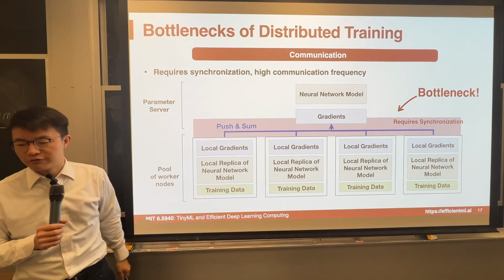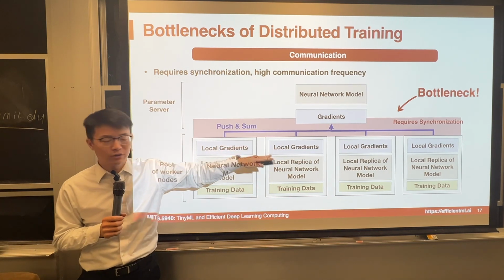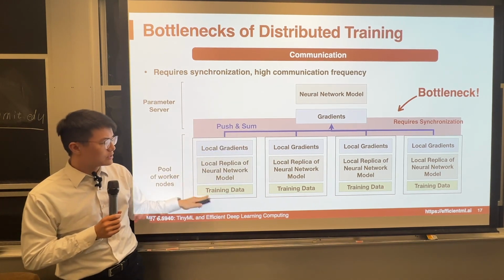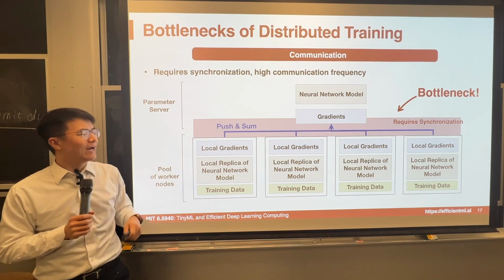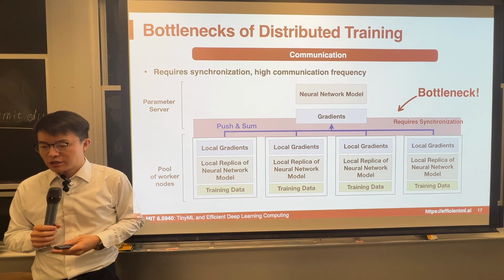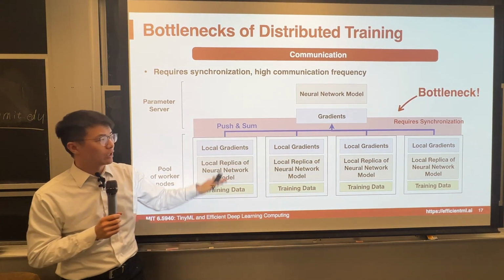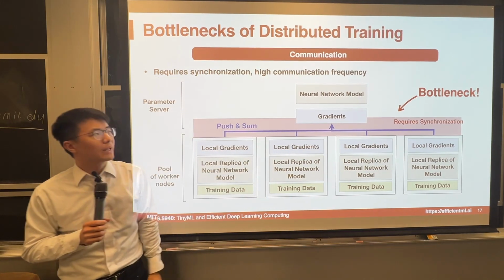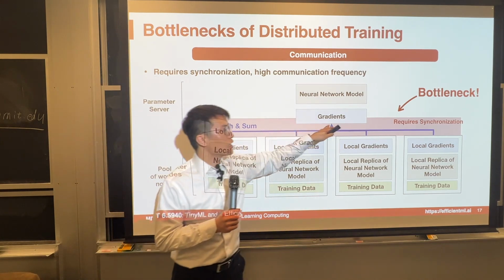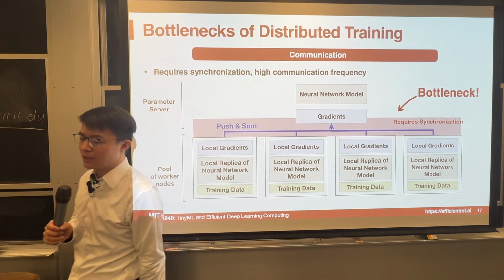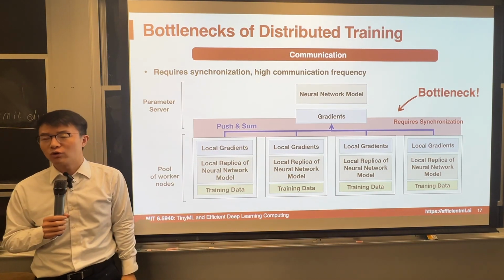Each first needs to get a copy of the model's weights and train it on its local copy of the data, the local replica of the neural network model. So you get the local gradient. You have 4 copies of local gradient. We want to push and sum them up in the parameter server. This push and sum process requires synchronization, and that may become the bottleneck when we scale up the number of worker nodes.